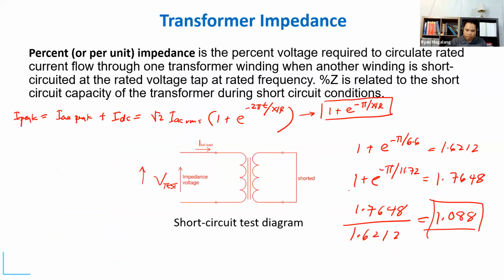So we just omitted this part because that's no longer necessary, because if you divide it with the same term, it will cancel out. So we did not put that anymore. We're only interested in this term because this one remains. So when you divide the resultant, you get this.